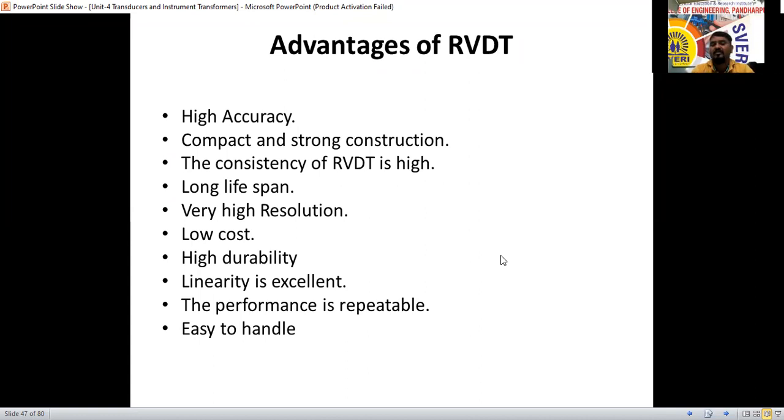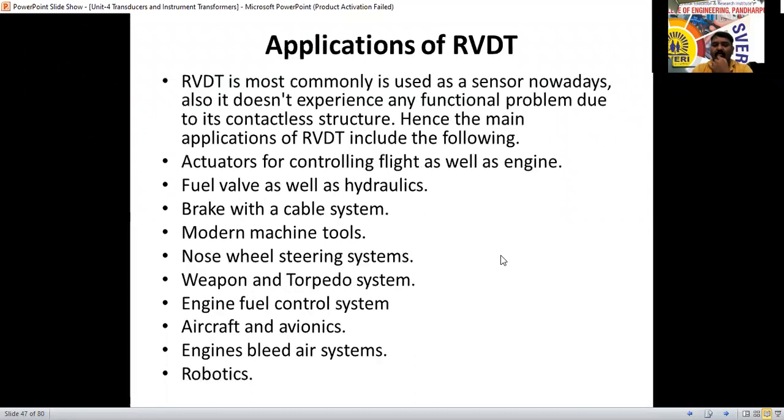It is not like once it goes anti-clockwise it is finished. It may rotate continuously in the clockwise and anti-clockwise direction, so it can perform repeatably, and it is easy to handle also.